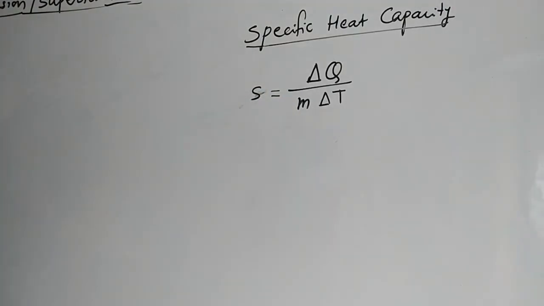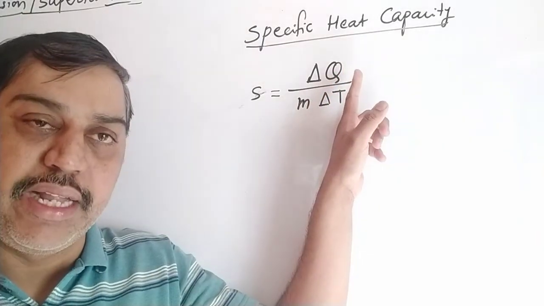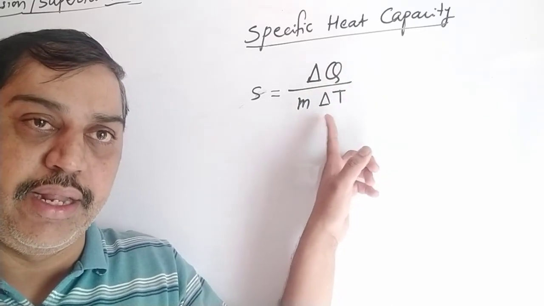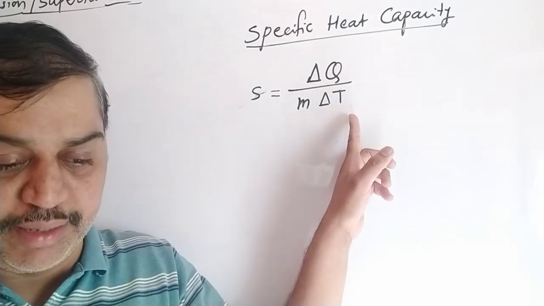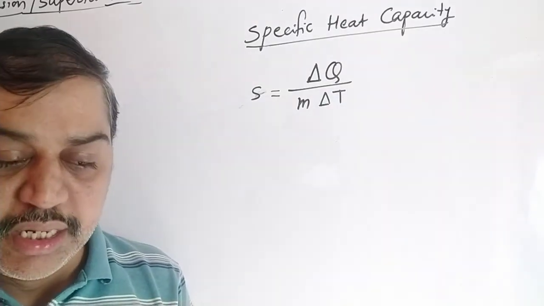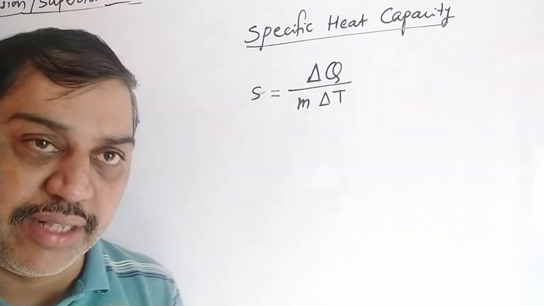Specific heat capacity is the ratio of the amount of heat absorbed by the material or taken out from the material, per unit mass of the material, per unit change in the temperature of that material. Another way, below this in your book, is to modify this a little bit.